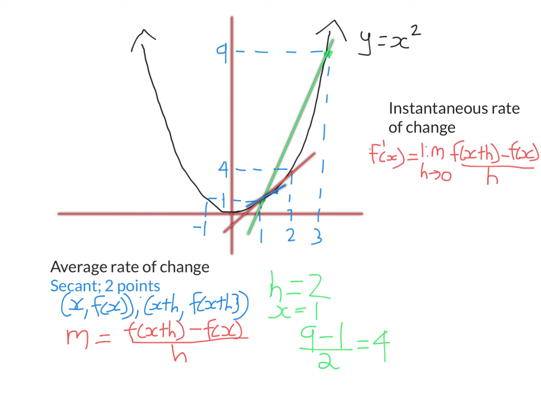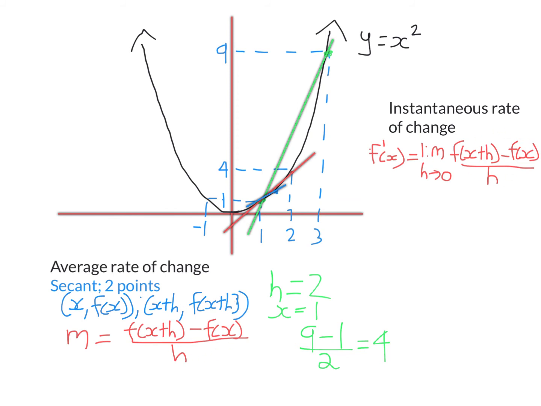And in fact, if I keep reducing h, if I keep making the distance between my 2 points smaller and smaller, I will keep getting a line that is a better approximation of the direction of the curve around x equals 1. And that's what we do with instantaneous rate of change. This part of the formula here is exactly the same as this.